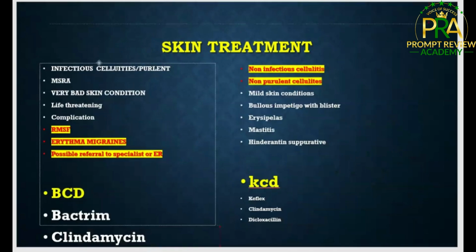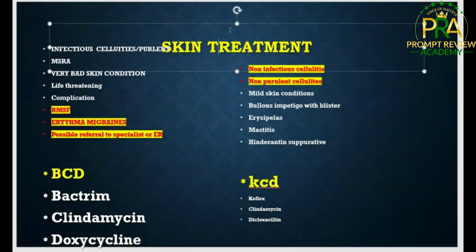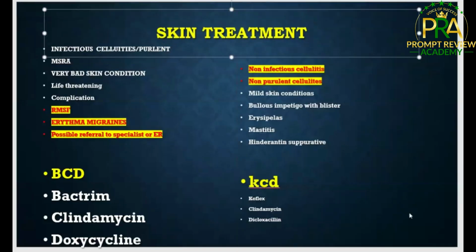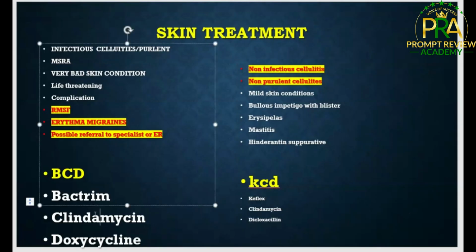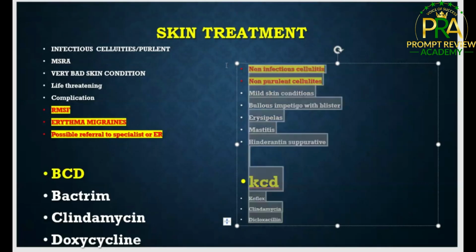Then we go to the next one. So that is your treatment. If it's something where you need to send them to the hospital, please send them to the hospital. But the emphasis I'm placing here is when to choose BCD and when to choose KCD. So it doesn't stop the fact that they need to go to the ER if they need to go to the ER.